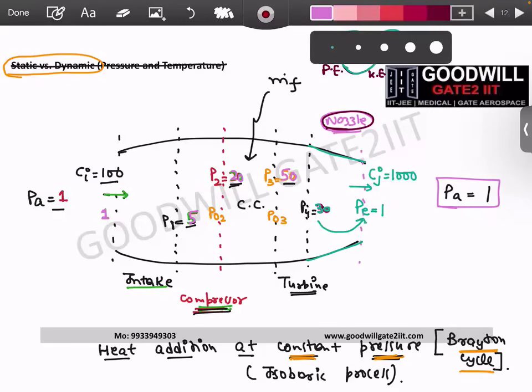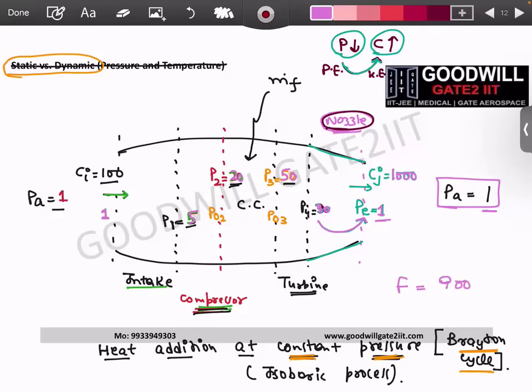So when your pressure is reducing from 30 to 1, your velocity increases to 1000. And this, if you people agree, is an example of optimum case. Now, if in this case you calculate your thrust, it will be m dot a into Cj minus Ci. Let's say your thrust came out to be, I'm just giving you an example, 900.